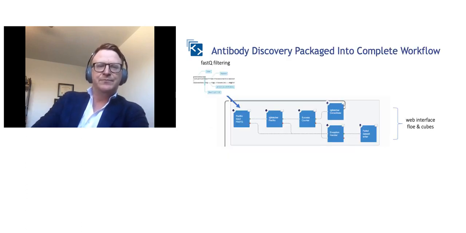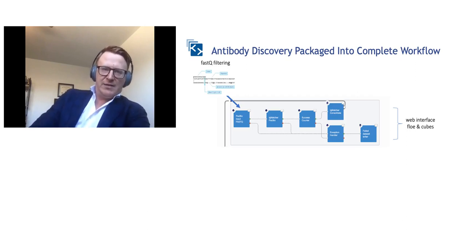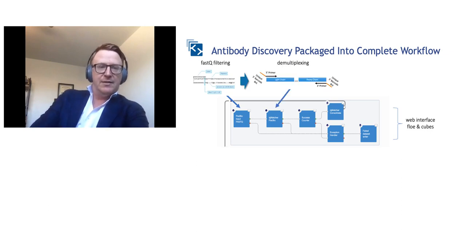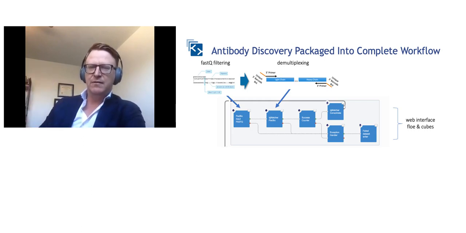easy downstream. So our antibody discovery package, when we package this into complete workflows of cubes and flows, what we can have is our FastQC quality filter, and this is actually our pipeline of interest. We can filter low quality sequences through FastQC quality. We have demultiplexing capability, so if you have different conditions, selection rounds, this is fully incorporated.